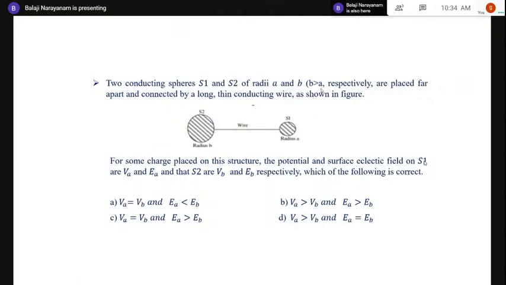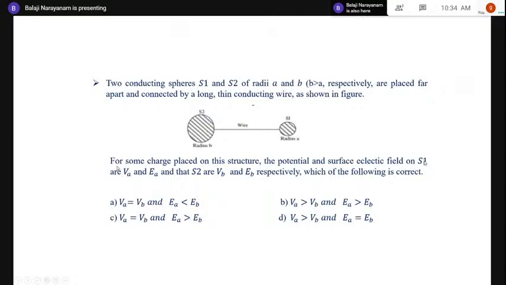They are placed far apart and connected by a long thin conducting wire, as shown in the figure. So this is the figure given for us.